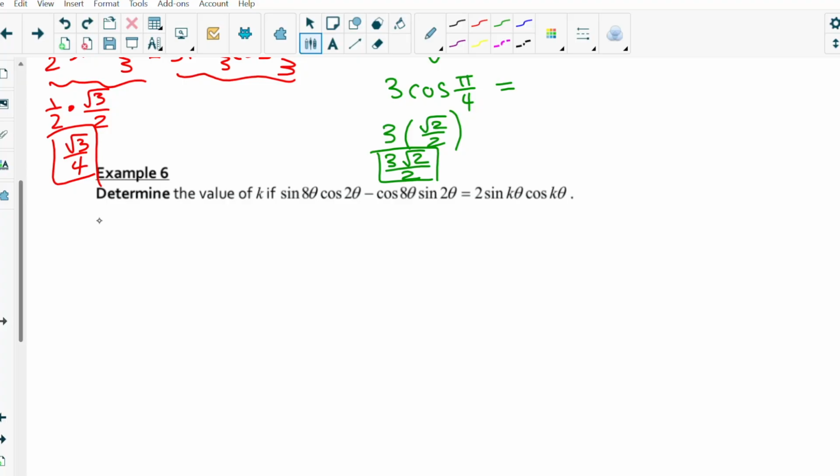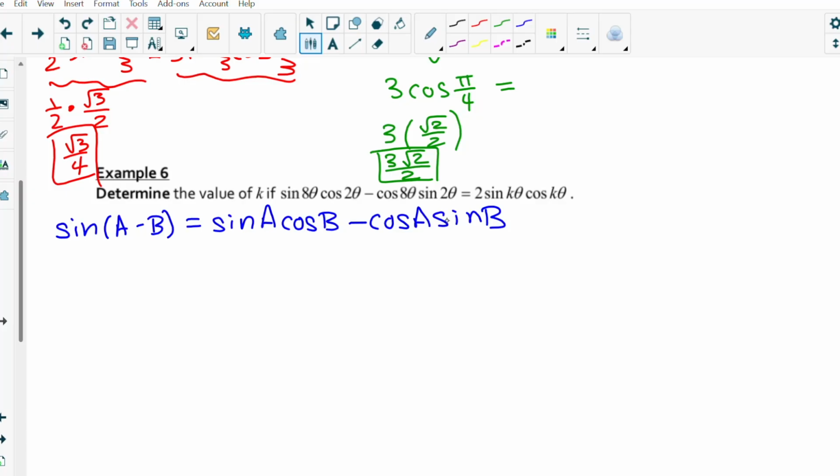So what I'm going to do here is let me write out my sine difference identity. So sine of a minus b equals sine of a cosine of b minus cosine of a sine of b. And then I'm going to say let a equal 8 theta and let b equal 2 theta.